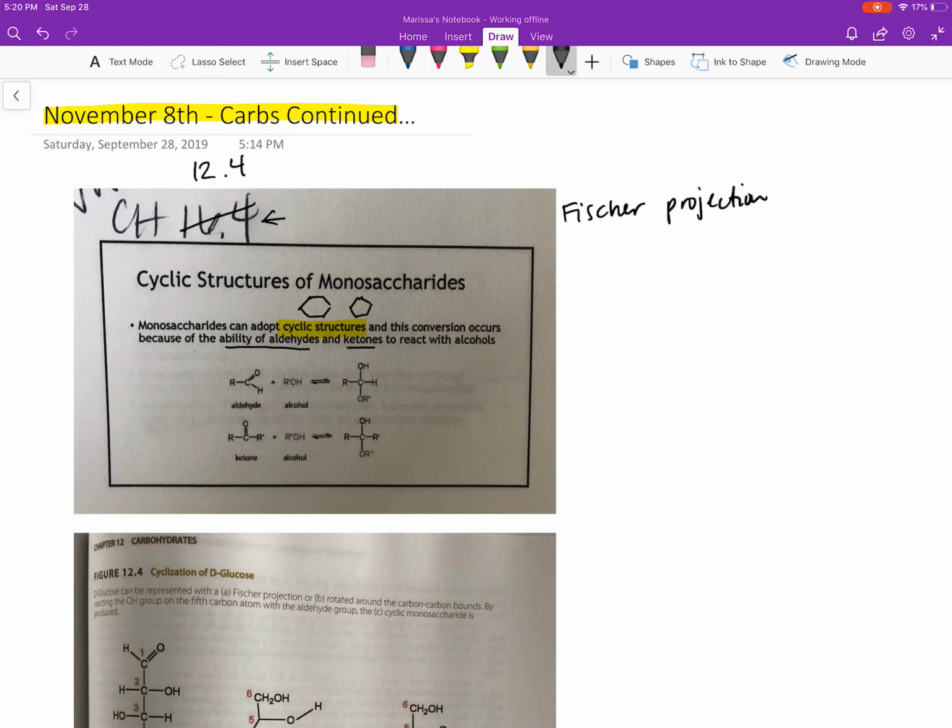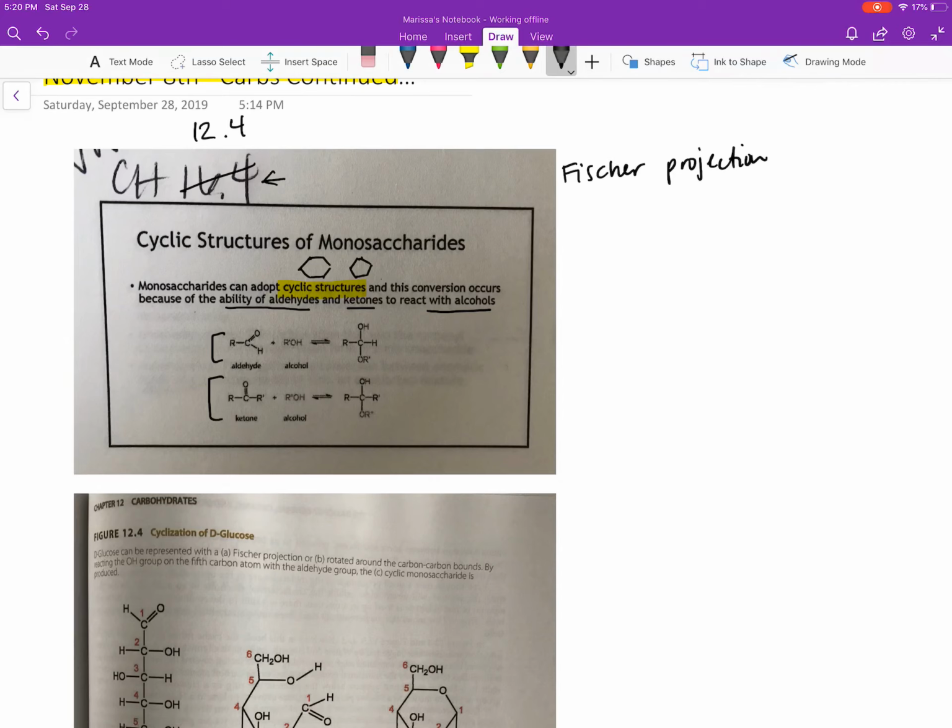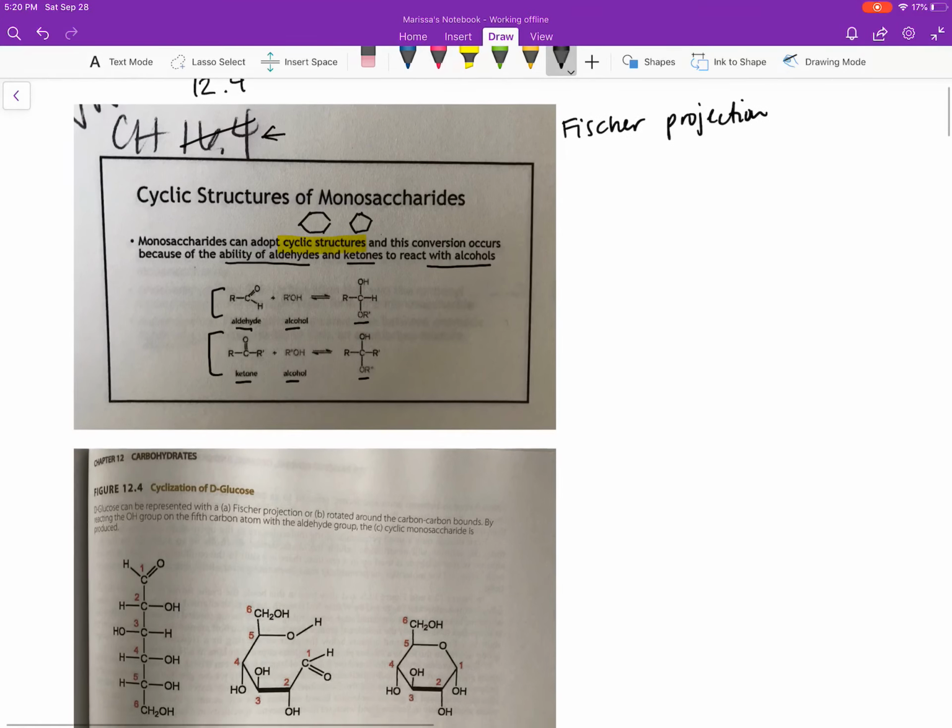Think back to our functional groups: an aldehyde or ketone can react with an alcohol, which is the other portion of our monosaccharide. When that happens, they form a new bond and interconvert into a ring. Aldehydes can react with alcohols to form something new, and ketones and alcohols can react to form something new.